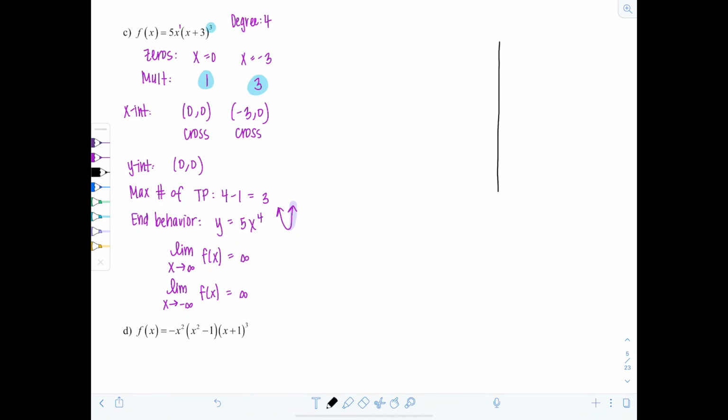Okay, so here we go. Y-axis, x-axis. We've got intercepts at 0, 0 and negative 3, 0. And that's it. Oh, and it crosses the x-axis at both. And it looks like a parabola opening upwards. So it looks something like this.